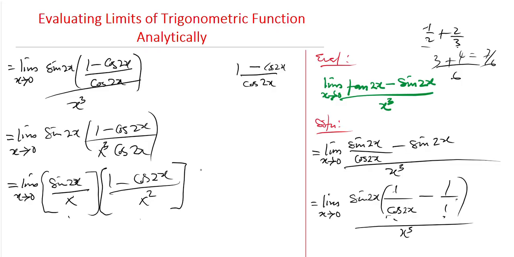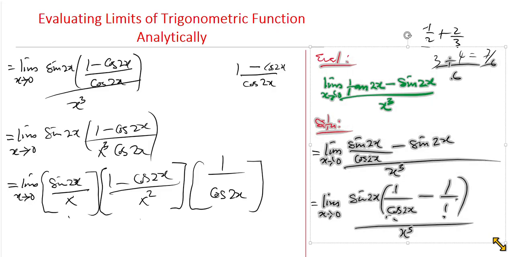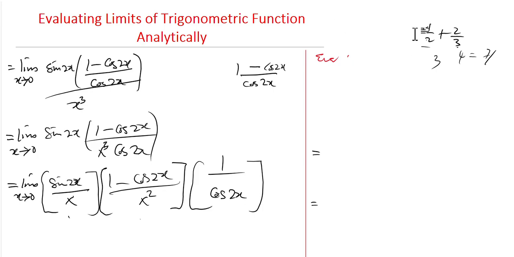We have the second part, but we have 1 all over cos 2x left, so we are going to have 1 all over cos 2x. We have been able to get the standard forms, so we can go ahead now and evaluate each of the terms. So let's start with the first one.